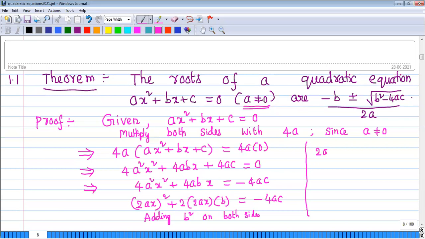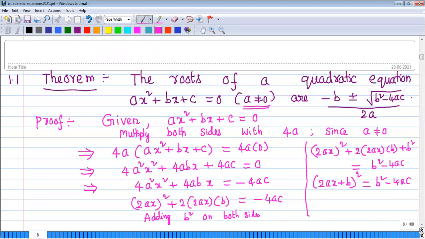You see 2ax whole square plus 2 into 2ax into b plus b square equal to b square minus 4ac. The left hand side we can write in the a square plus 2ab plus b square form, a plus b whole square, so 2ax plus b whole square equals to b square minus 4ac.